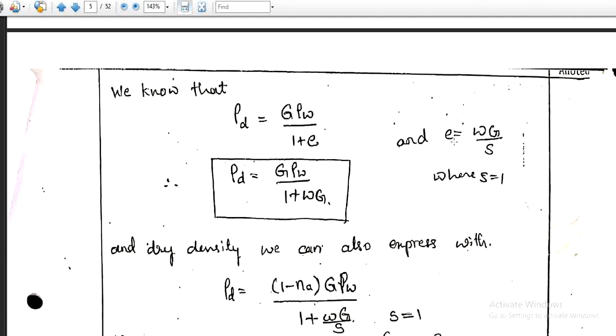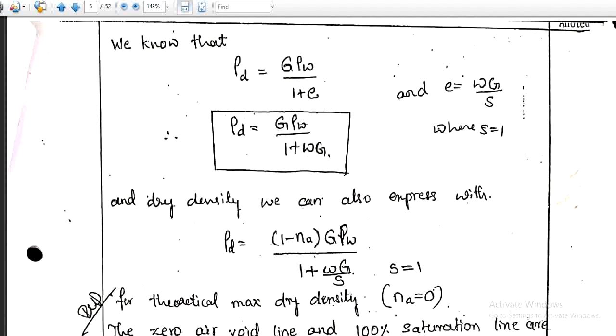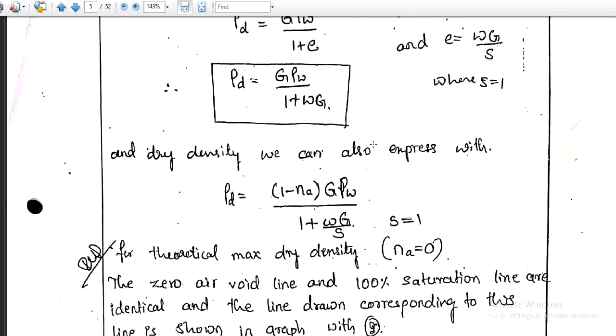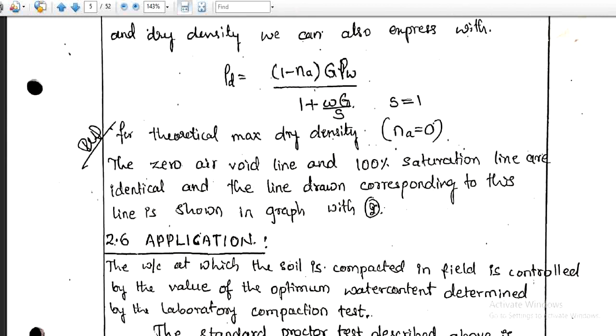So I can write that e is equal to w into G. So this is the equation for dry density, G plus w divided by 1 plus w into G, and this is another equation in which we can express the dry density. The zero air voids line and the 100% saturation line are identical, so they are both the same.